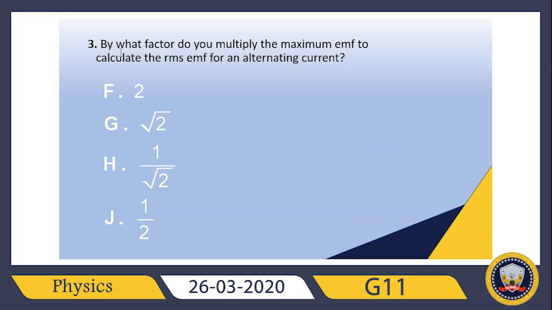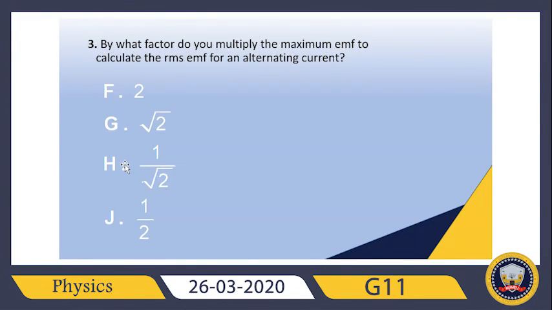So here he's asking to find the RMS electromotive force. If we have the maximum value, what do we have to do to find the RMS value? Is it times 2, times radical 2, divided by radical 2, or times half? I think it's an easy question.